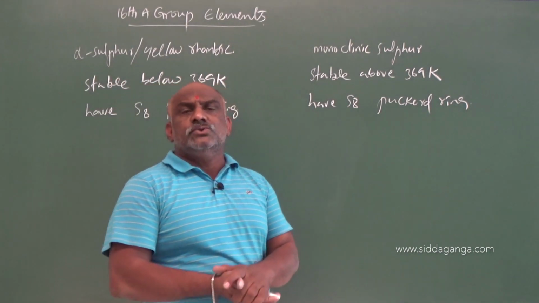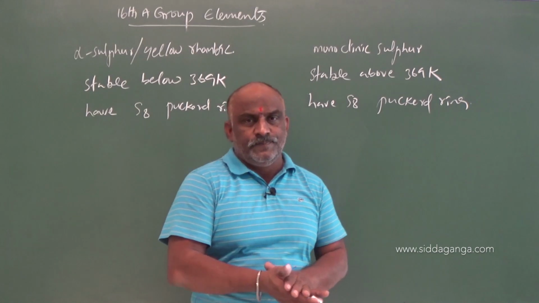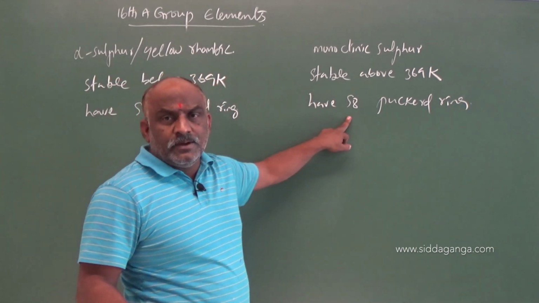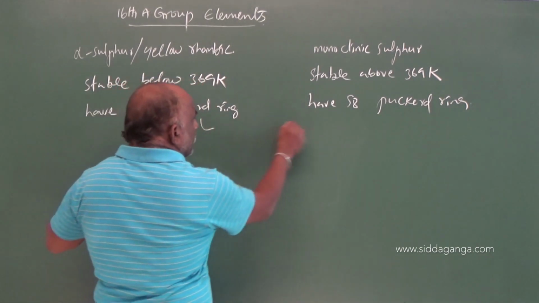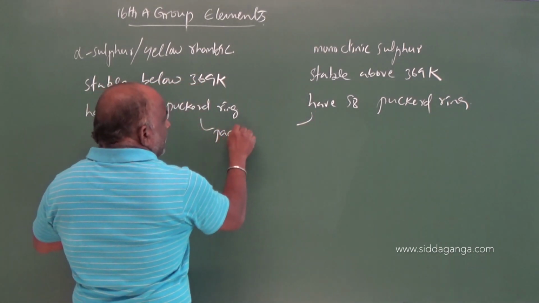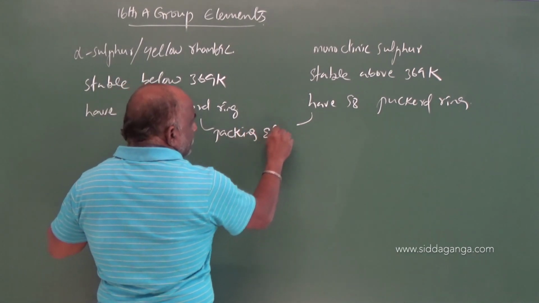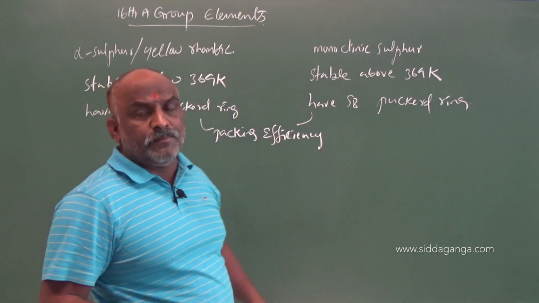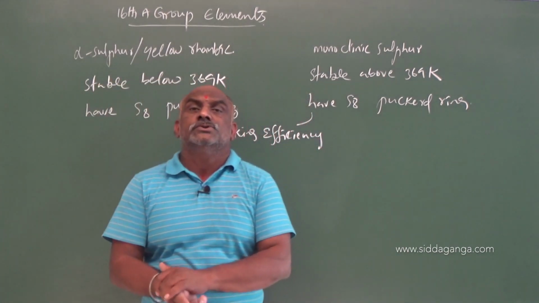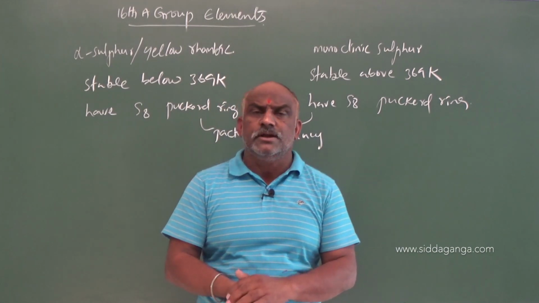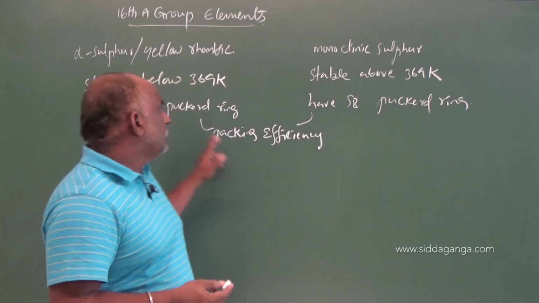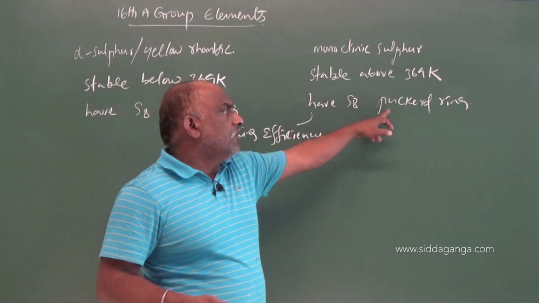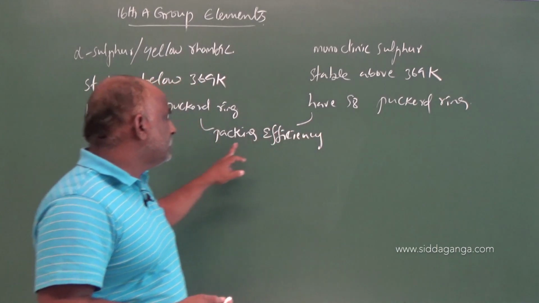These two differ by packing efficiency, the arrangement of the constituent particles. Constituent particles are atoms, ions or molecules. Clear? Both have S8 molecules, both are puckered ring structures, but they differ by packing efficiency.